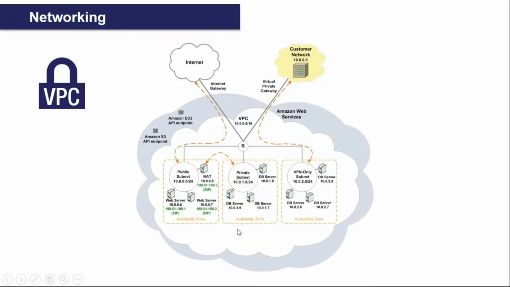So this is the upper layer of that network, and under that you can see that there are public and private subnets. Public subnet means one to which we have attached a public IP address, and private subnet is one to which we have attached a private IP address. So public can communicate with private if we configure VPC peering and other services.